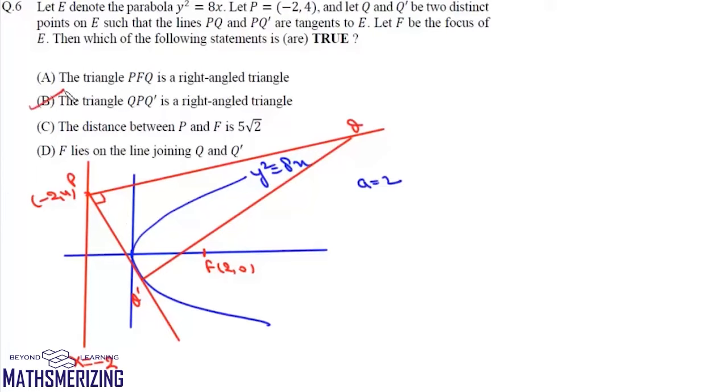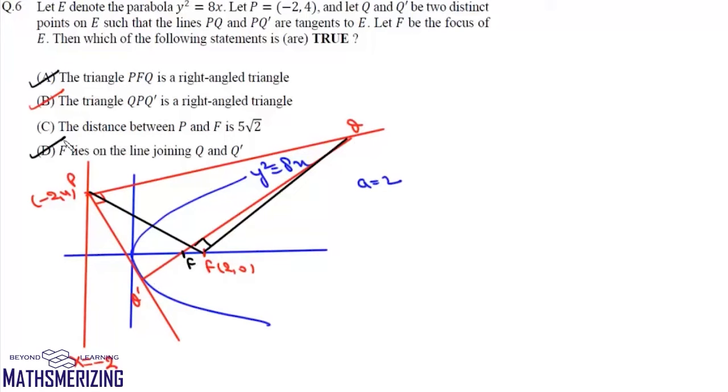Also we have the second property that the portion of the tangent intercepted between the point of tangency and the directrix always makes an angle of 90 degrees at the focus. So this option A is also correct. We also know that these perpendicular tangents always pass through the focus of the parabola. That is, this QQ dash will be a focal chord.